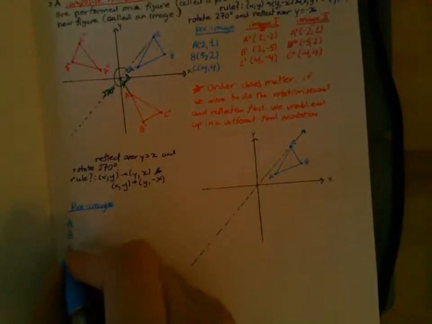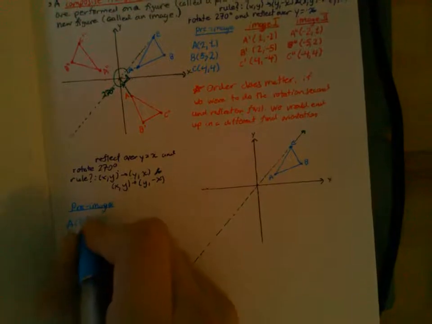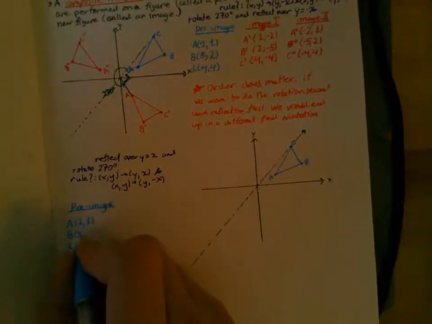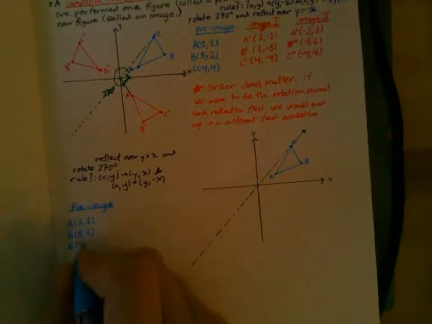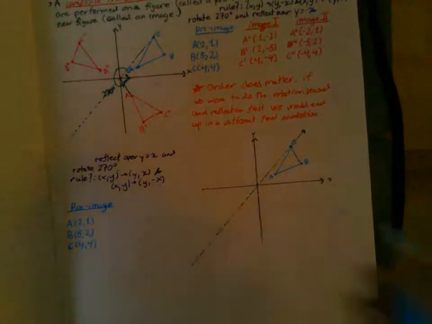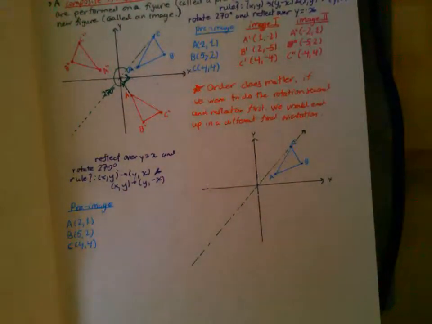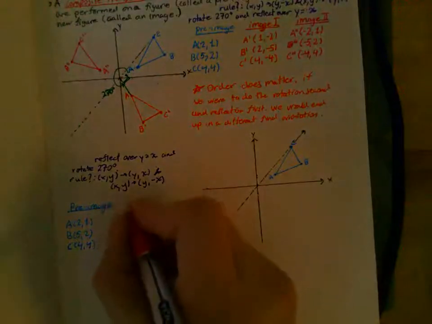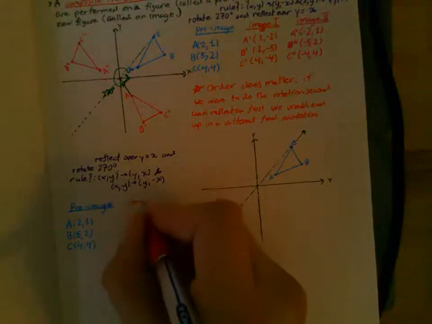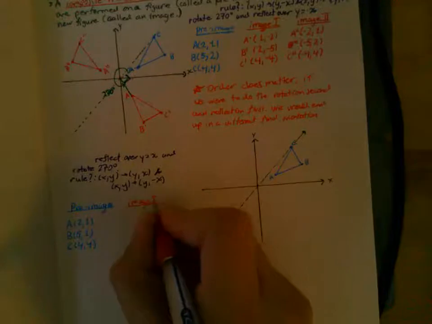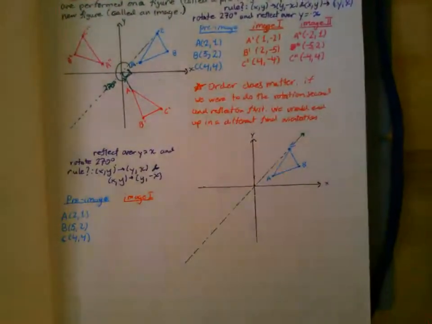A, B, and C. Again, we have 2, 1, 5, 2, and 4, 4. And we have image 1. Okay.